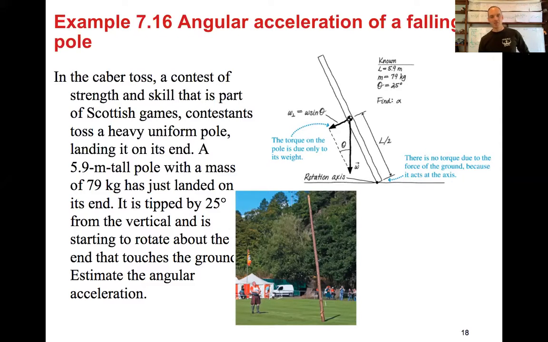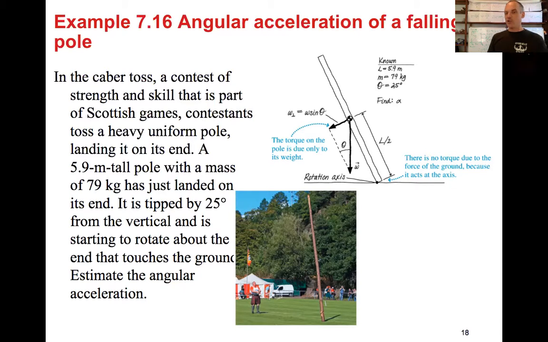It's part of the Scottish games. You run with this pole and throw it, and part of the strategy is to have it land on the end and have enough rotational inertia to follow through and flop on the ground. So you're basically throwing a tree as far as you can. It's kind of like a weird javelin event.